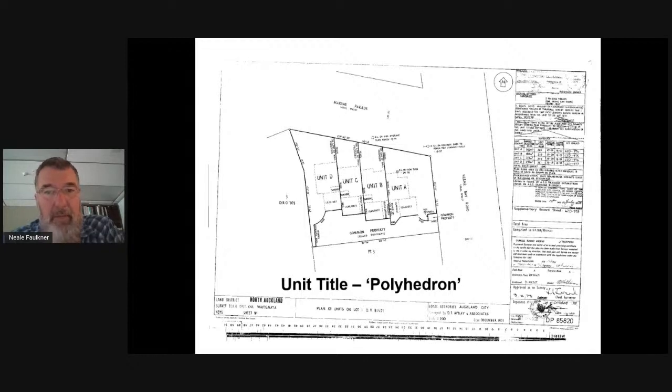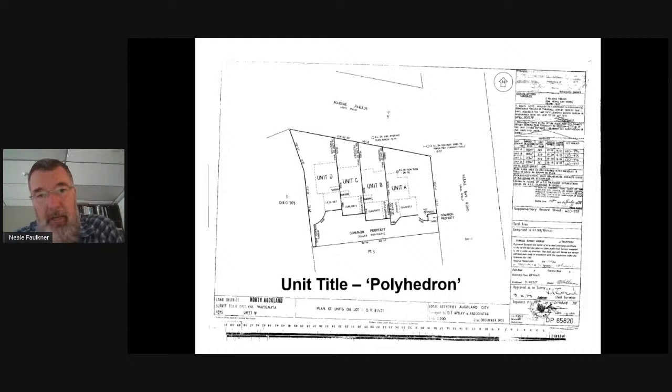Whereas in the shrink wrap scenario, as soon as you go outside your building envelope and add another room or something like that, your title is rendered defective, and you would have to go through a redevelopment process, which is subdivision consent, etc., to update your title. So there are some advantages to the polyhedron approach over the shrink wrapped approach.